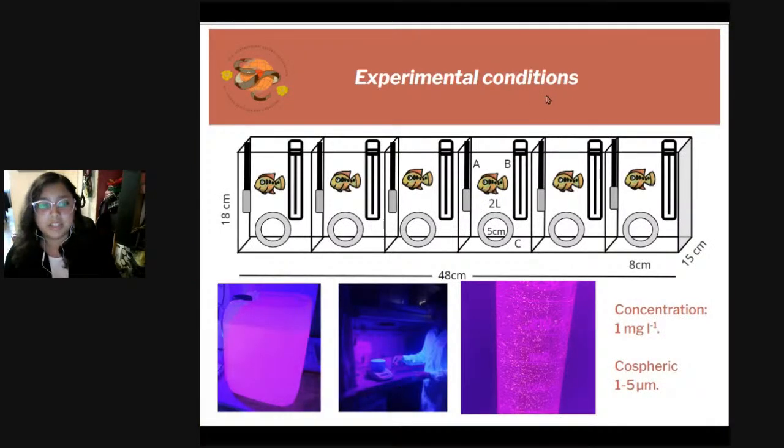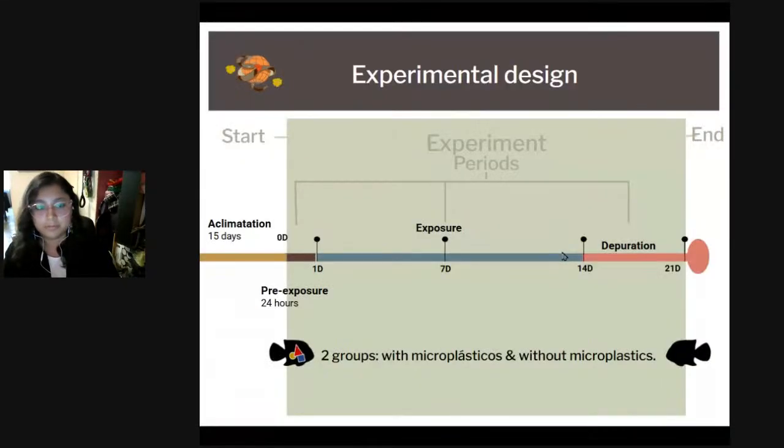For the experimental condition, we put every single fish in individual aquariums, and we made a microplastic solution with a concentration of 1 milligram per liter and a size of 1 to 5 micrometer microspheres. So we started the experiment with 15 days of acclimatization of our fish.